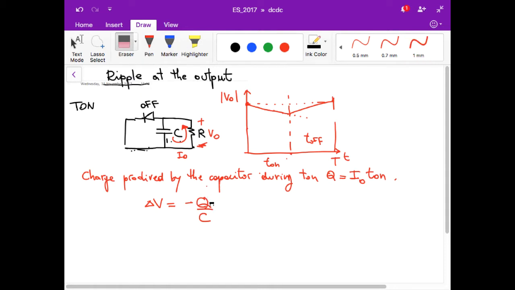If a capacitor loses a charge Q, the voltage variation is equal to Q over C. So this total variation, delta V, is equal to minus Q over C, which is minus IO over C times T on, which is also minus dT over C times IO.